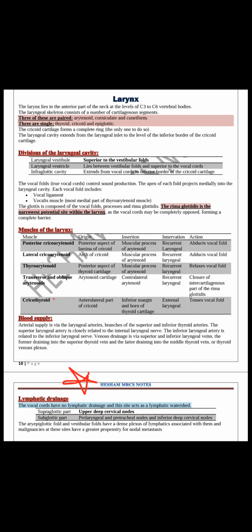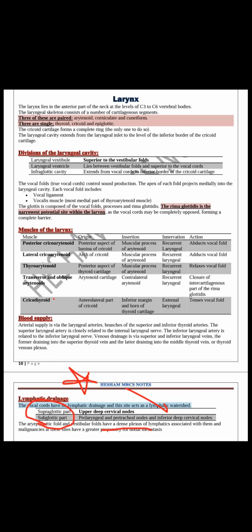You should know that the vocal cord is an area of lymphatic watershed, as it has no specific lymphatic drainage. From above, it drains into the upper deep cervical lymph nodes, while the infraglottic area, as well as the thyroid gland, drains into the prelaryngeal and the pretracheal lymph nodes, then into lower deep cervical lymph nodes.